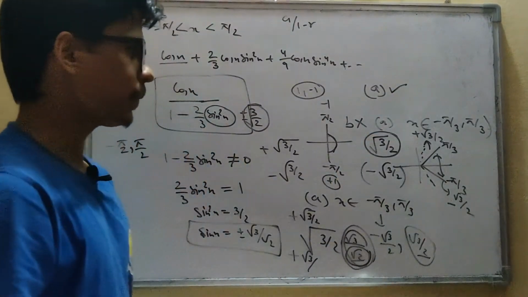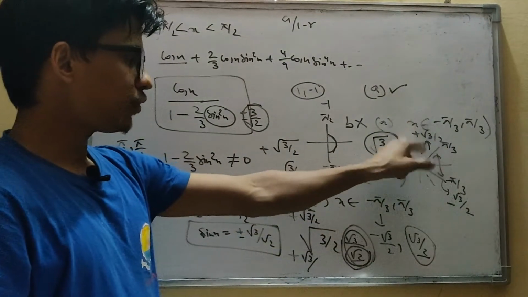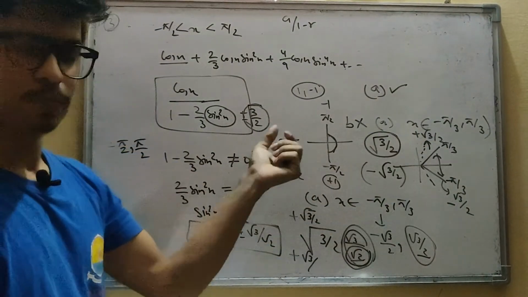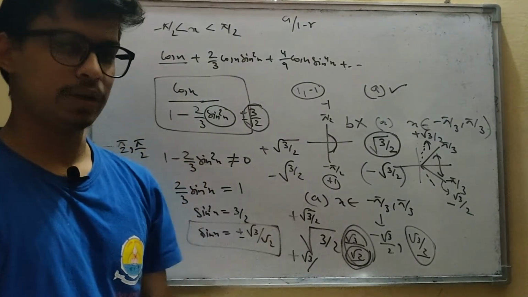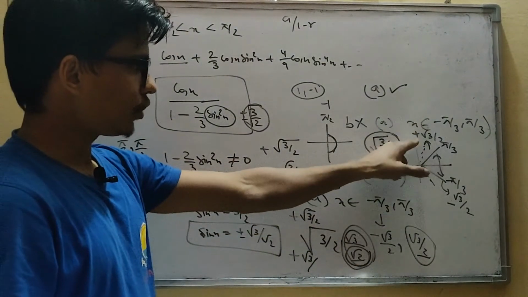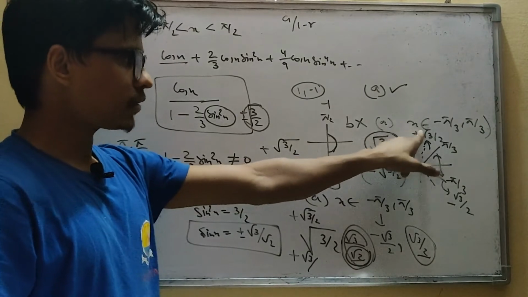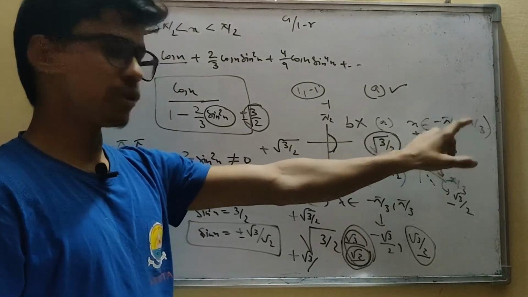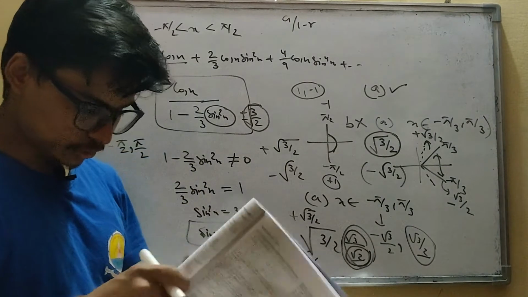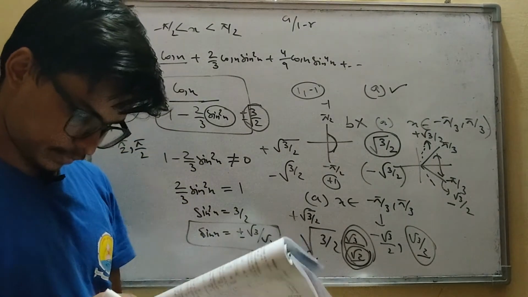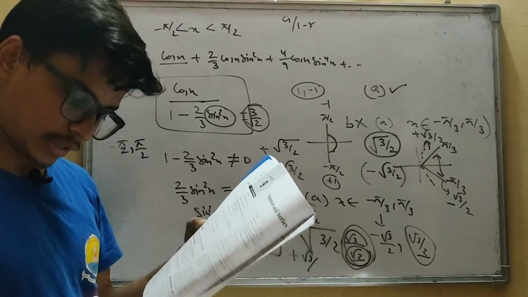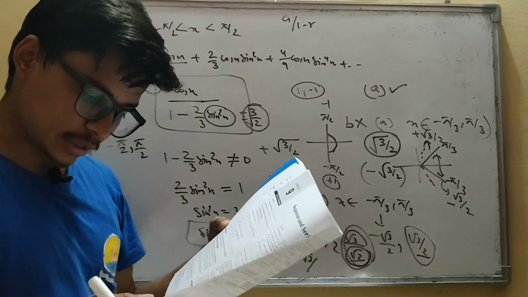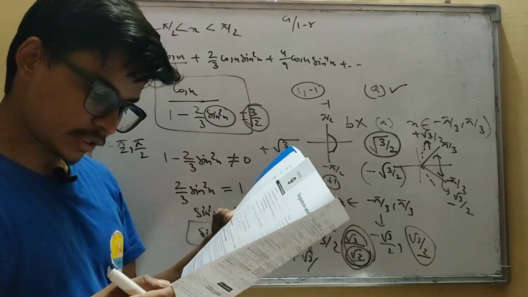I'm repeating again what it is. We have to go with the options, because at plus minus root 3 by 2 you cannot determine the values of x directly. So according to option A, if x belongs to this, is it possible to have an infinite solution? The question is like this: the sum of infinite terms of the series is finite.